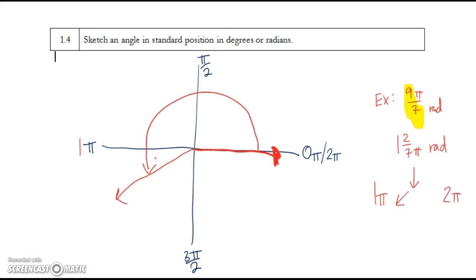Now, another way to think about it is looking at this denominator, sevenths. A full circle is 2 pi radians, which is the same thing as 14/7 pi. And so you could potentially divide this full circle into 14 pieces.